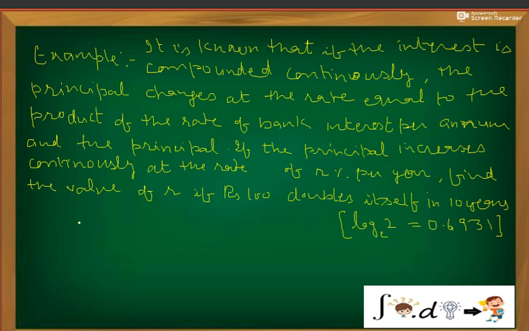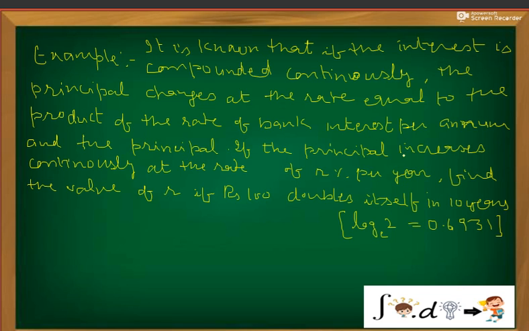Yes, now we have the next example. It is known that if the interest is compounded continuously, the principal changes at the rate equal to the product of rate of bank interest per annum and the principal.